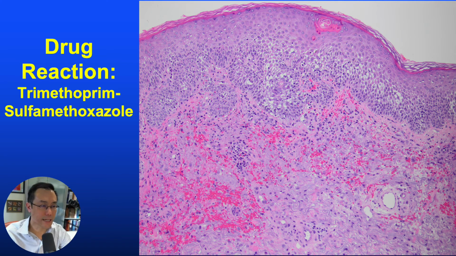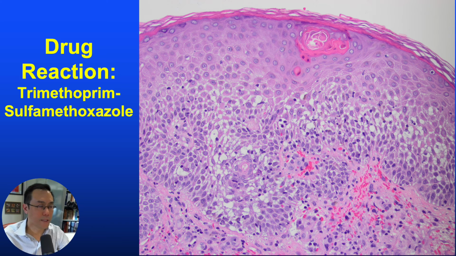And so in this anecdotal example of a clinically confirmed trimethoprim sulfamethoxazole, Septra-Bactrim, induced drug reaction, we see spongiotic dermatitis. There happens to be a lot of extravasated erythrocytes, so perhaps this is a purpuric drug reaction. There's not a whole lot of eosinophils, but they are there, rest assured. But more interesting to me is the presence of a little bit of a combined pattern with interface changes with some necrotic keratinocytes.